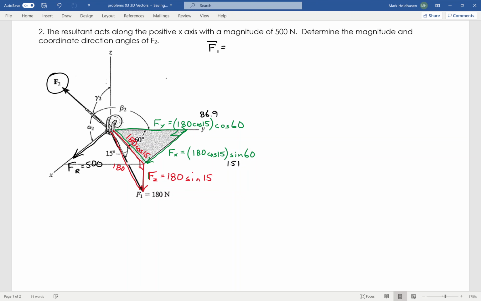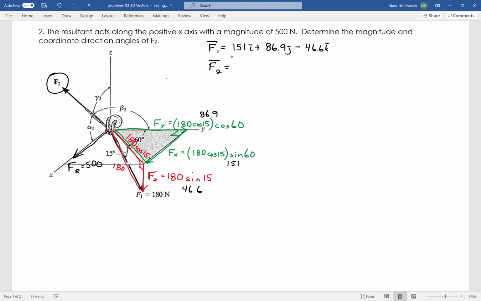And the z component is 46.6. So writing that in Cartesian form, I get 151i plus 86.9j minus, because Fz is pointing down and the other two are in the positive direction, minus 46.6k.